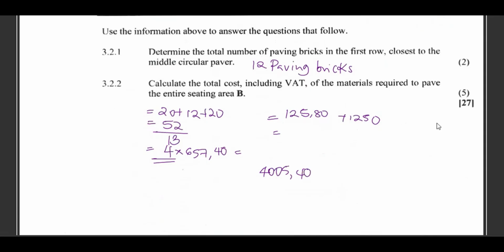You know, when you add this, we said it, you get the answer as this much. This one here, 4 times 6. We have 2,629 rand 60 cents. Add these two, you end up having this much.